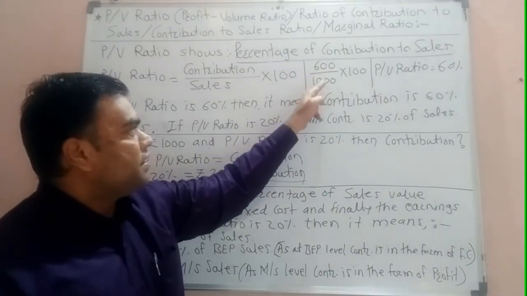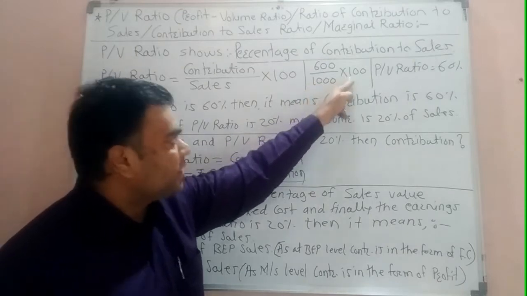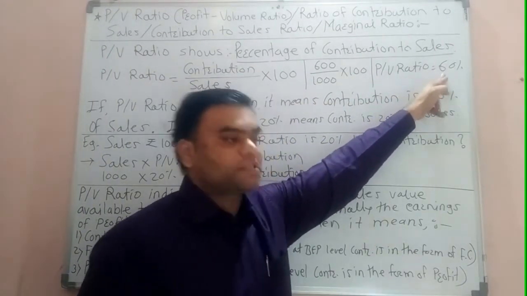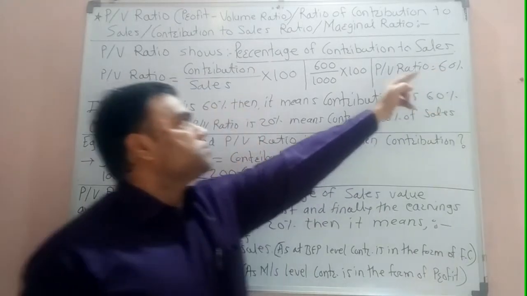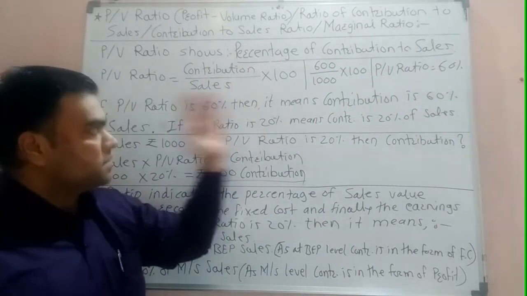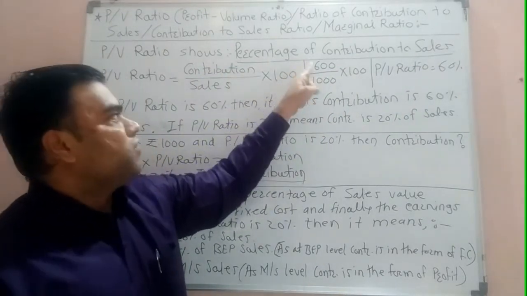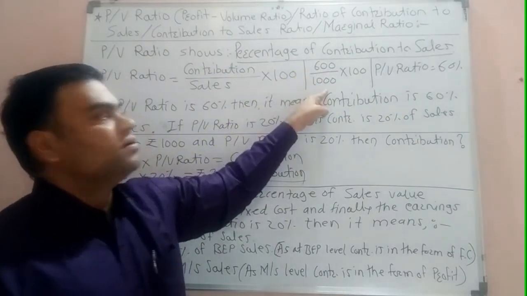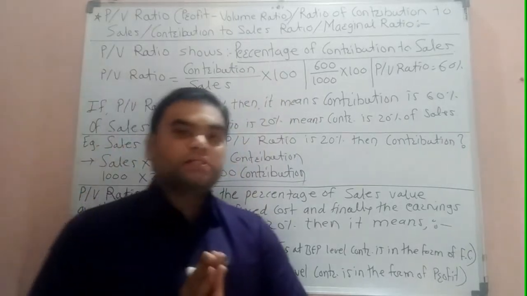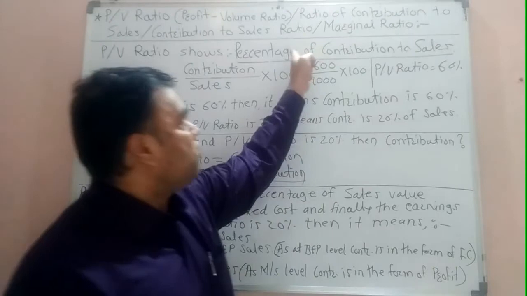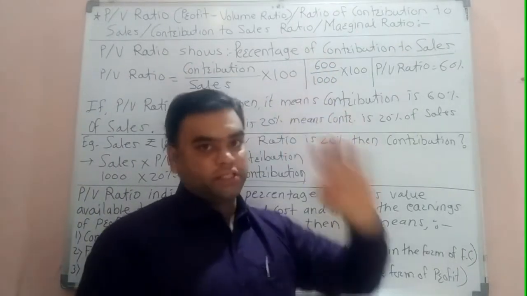So 600 divided by 1000 into 100 gives a PV ratio of 60%, meaning contribution is 60% of sales. You can see contribution here is 600, which is 60% of sales. PV ratio tells us the percentage of contribution to sales.